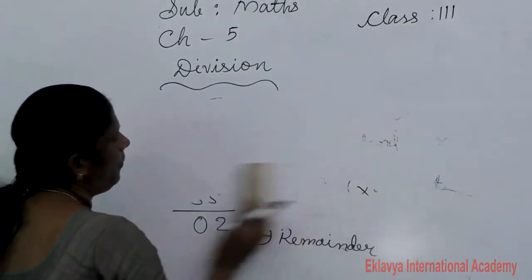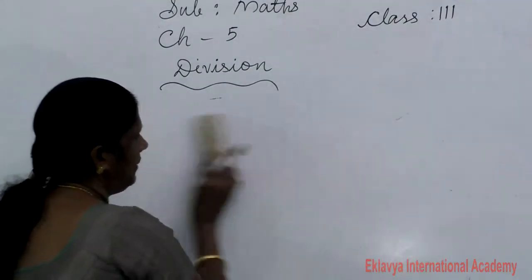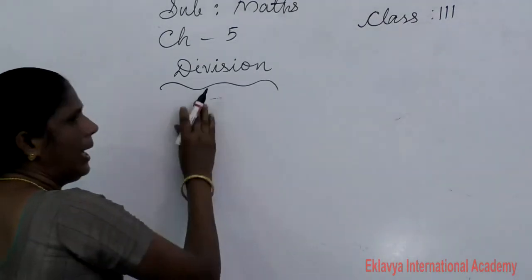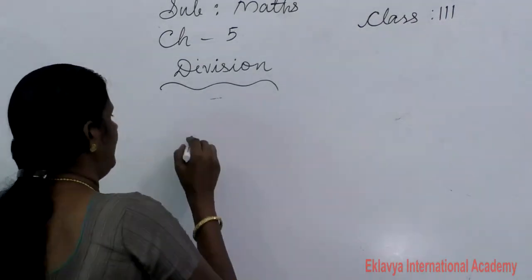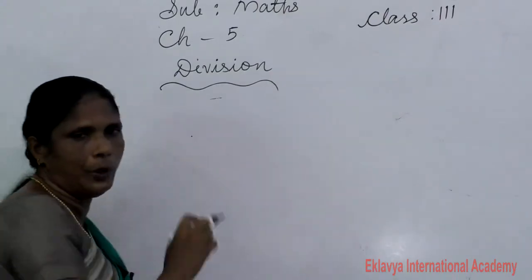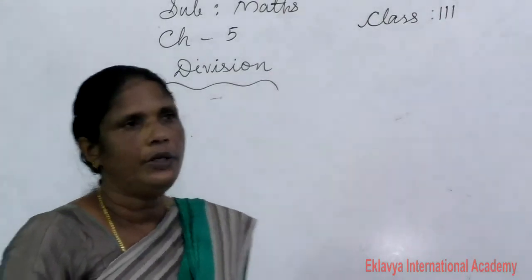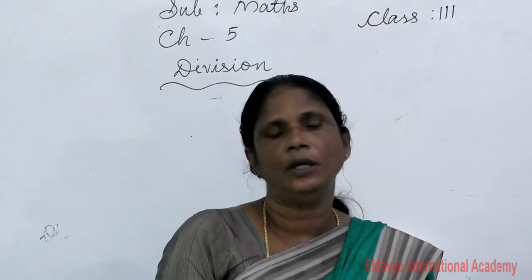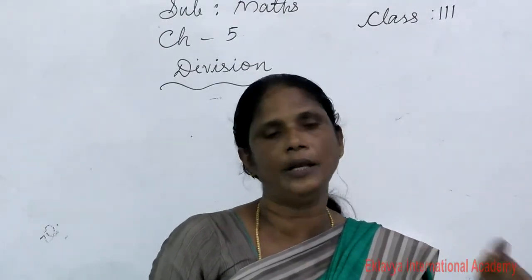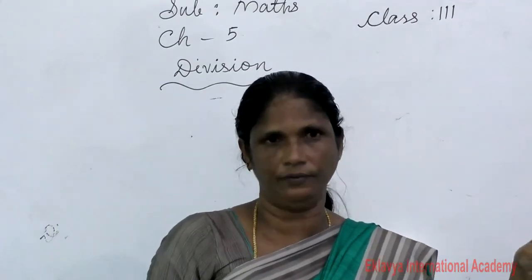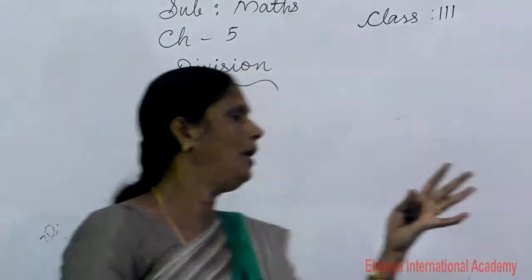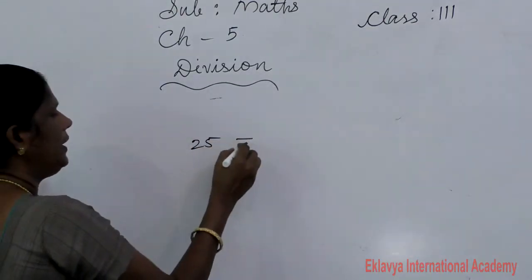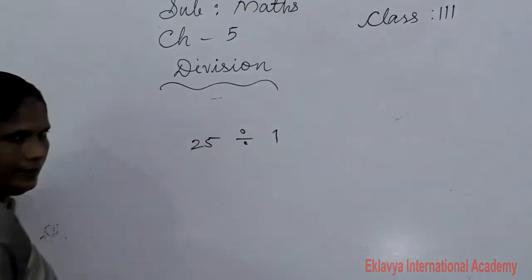What are the properties of division? First property, division by 1. Any number we divide by 1, the quotient, the answer, is the number itself, the number khud. For example, 25 divided by 1.